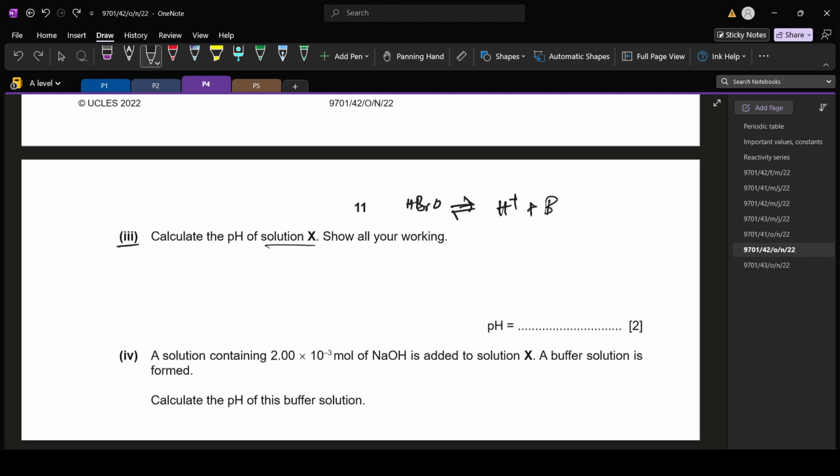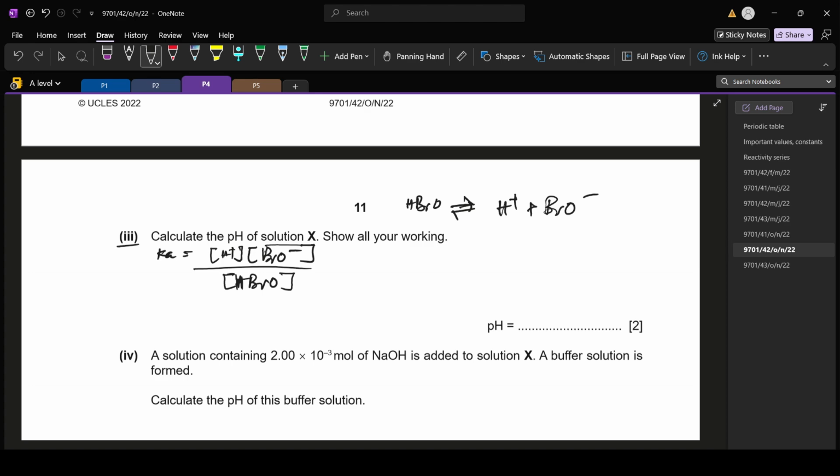So this is your equation, and the acid dissociation constant Ka will be equal to the concentration of the products, H plus ions and BrO minus ions, upon the concentration of HBrO.